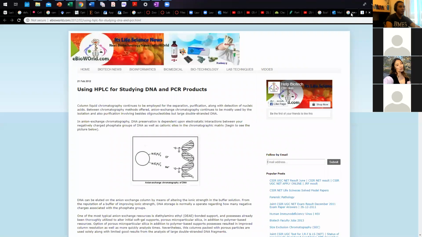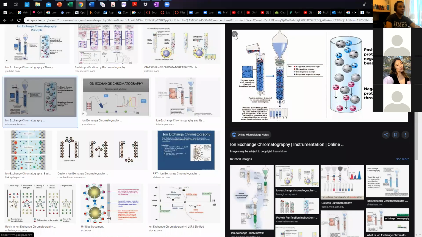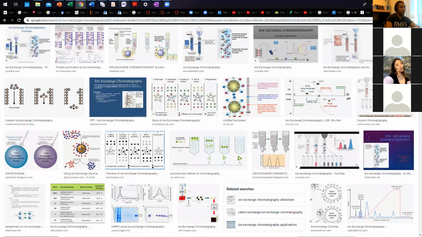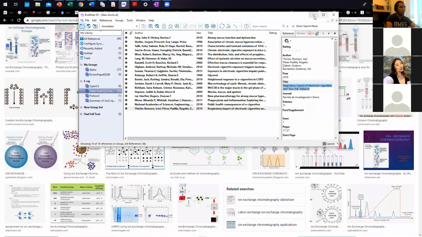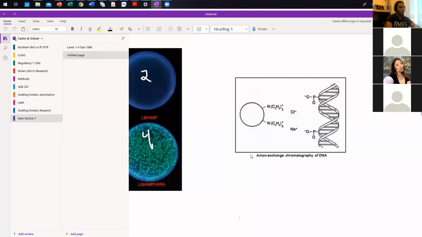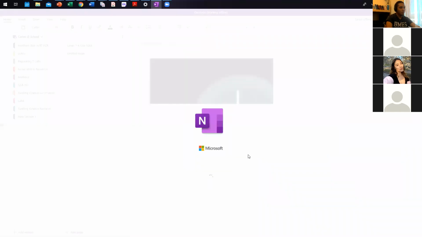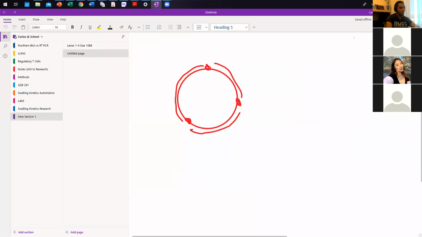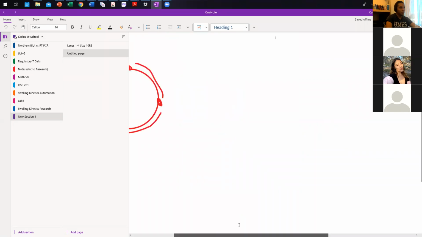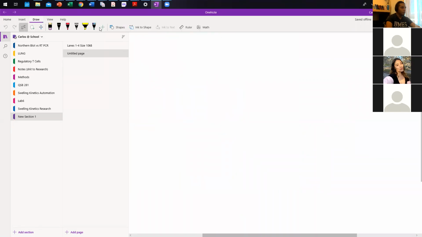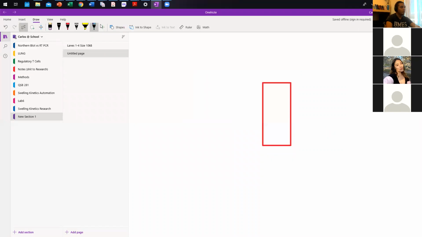So the ion exchange column. Essentially you have a tube with beads. I'll probably draw it for you guys. Let's draw some rectangles. You have your ion exchange column, and you have a bunch of little spheres inside of it.